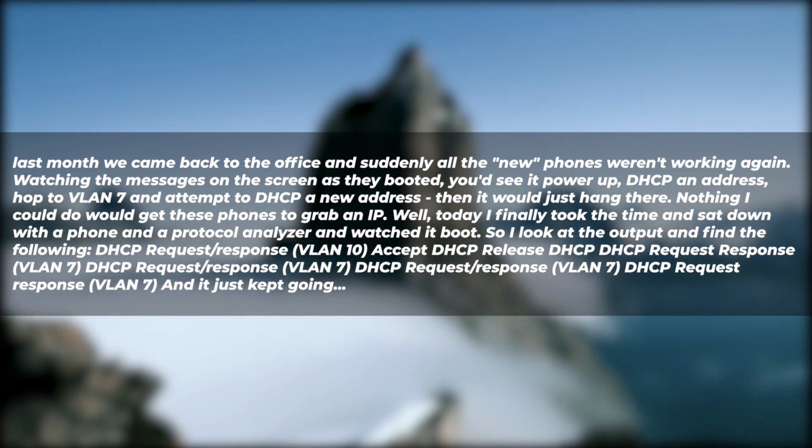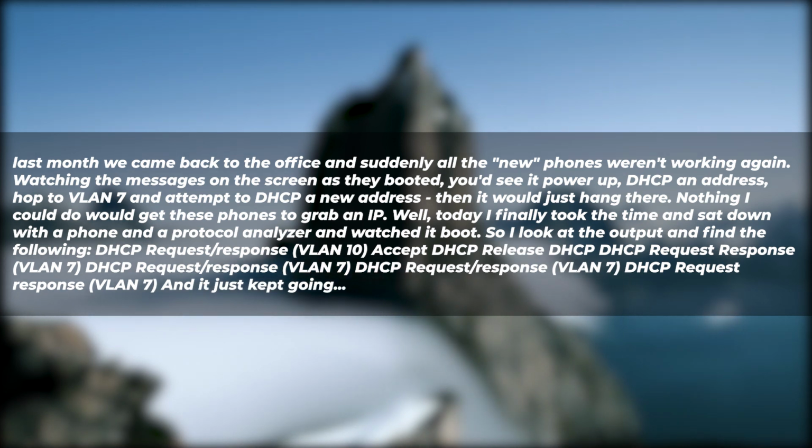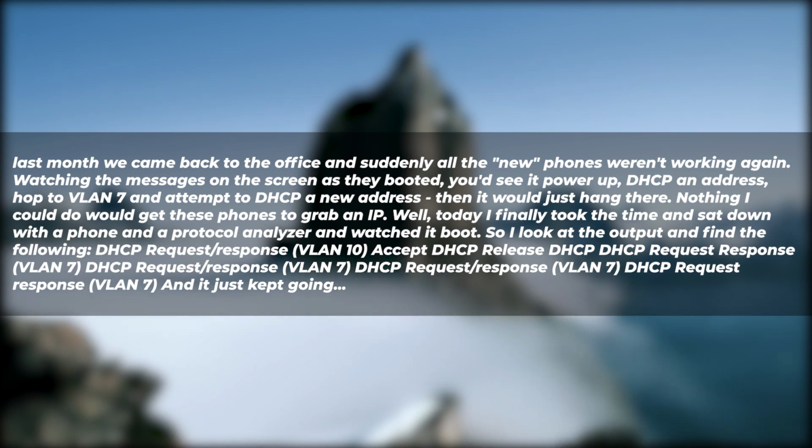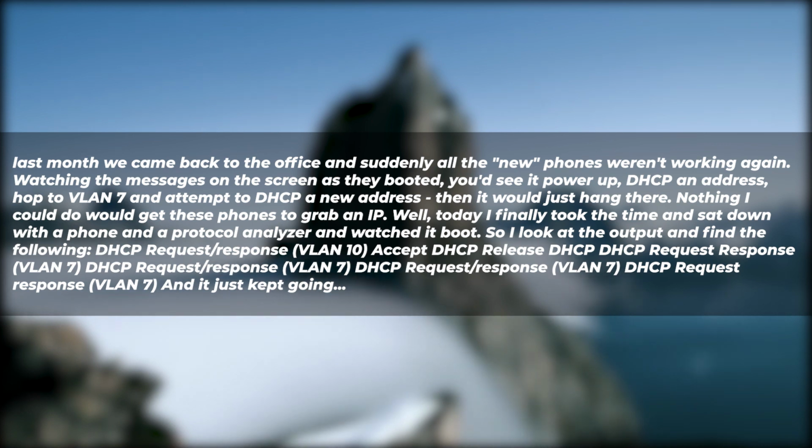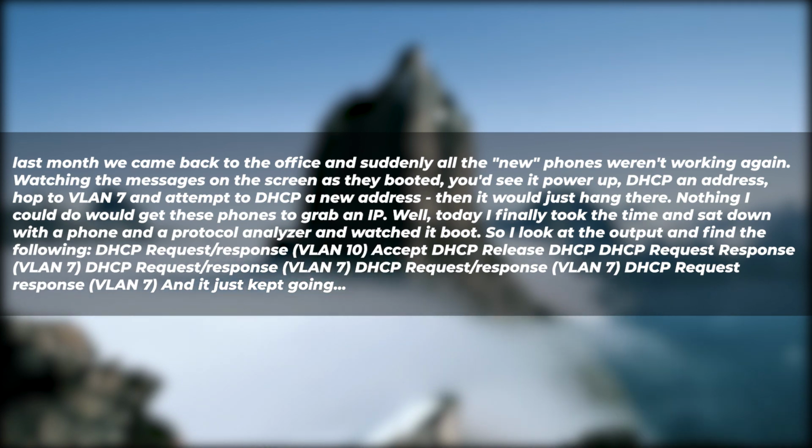Nothing I could do would get these phones to grab an IP. Well, today, I finally took the time and sat down with a phone and a protocol analyzer and watched it boot. So I look at the output and find the following: DHCP request/response, VLAN 10, accept, DHCP release, DHCP request/response, VLAN 7, DHCP request/response, VLAN 7, and it just kept going.